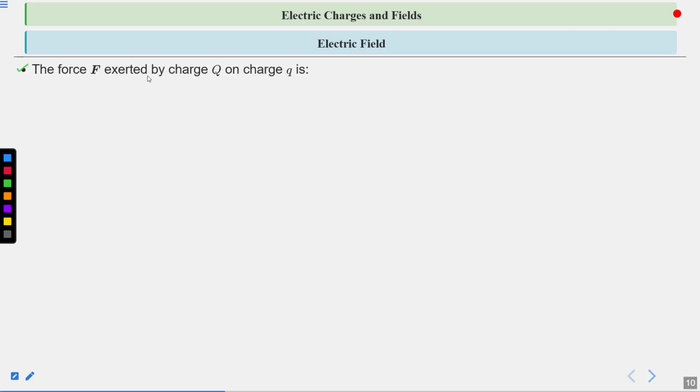The force F exerted by charge Q on charge q is this one. This is the force exerted by charge capital Q on charge small q, separated by distance r. So the force will be F is equal to 1 upon 4 pi epsilon naught Qq divided by r square r cap.